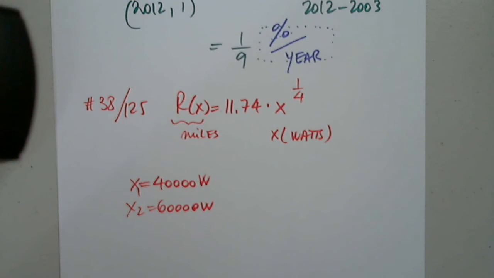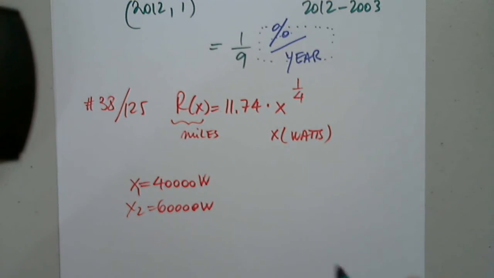So 11.74 times x to 1/4. Then please go to second table and punch in 40,000 and then 60,000. After that, go to the right to read the whole number. So highlight in the y column the corresponding y value for x of 40,000 and then the other one.